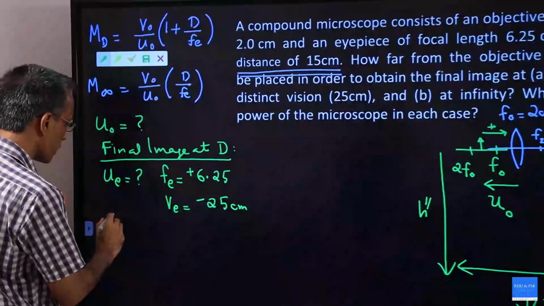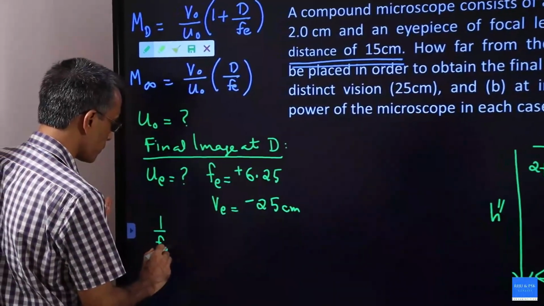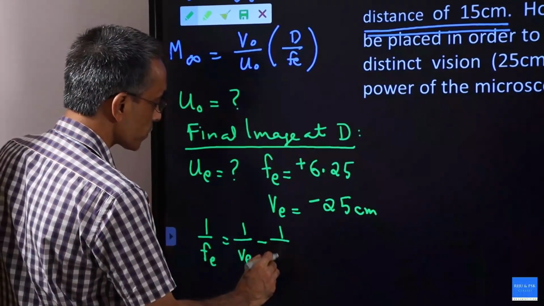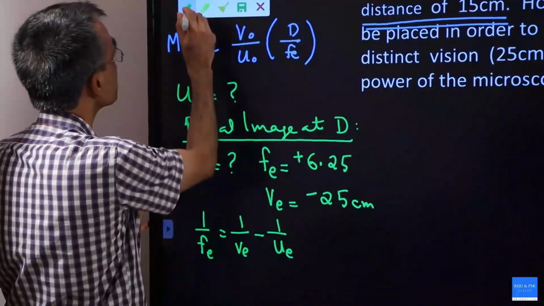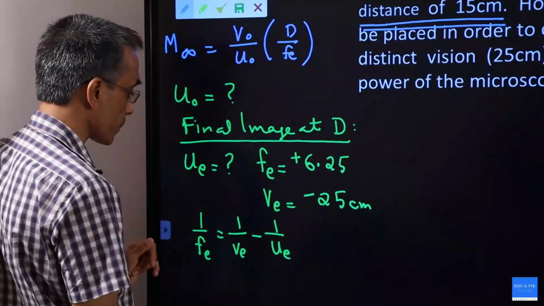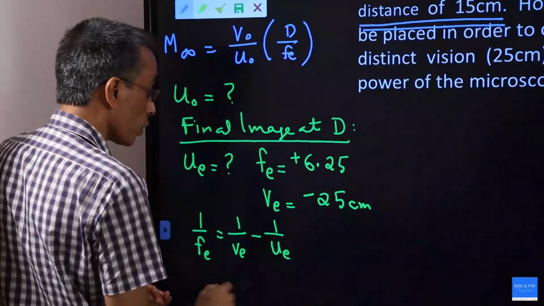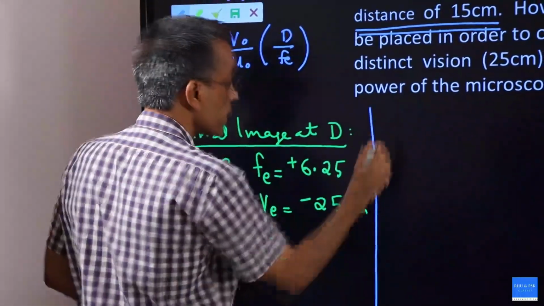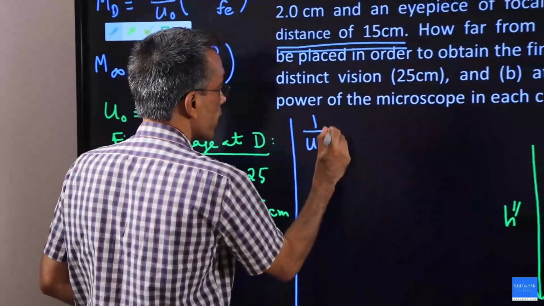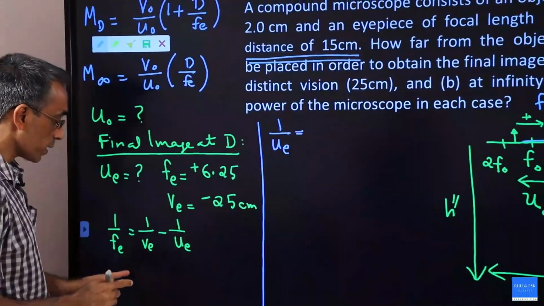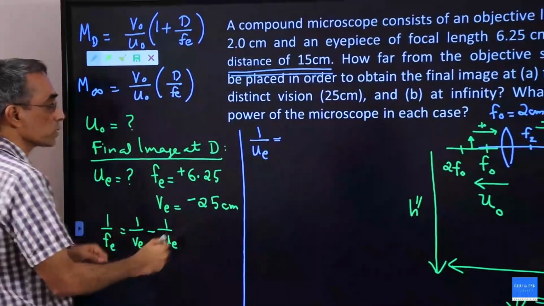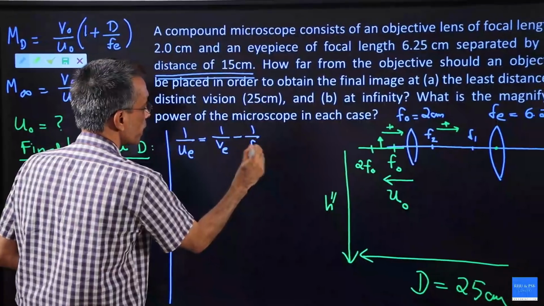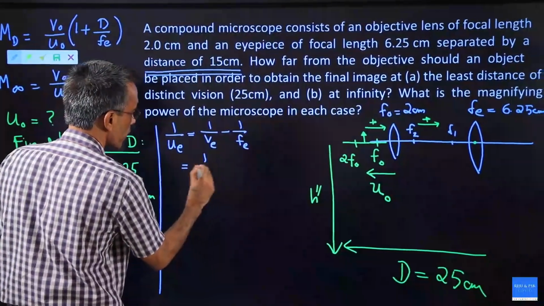Now, let us use the equation 1 by F of the eye lens equal to 1 by V of the eye lens minus 1 by U of the eye lens. I want 1 by U of the eye lens, so this will give me 1 by U of the eye lens equal to 1 by V of the eye lens minus 1 by F of the eye lens.